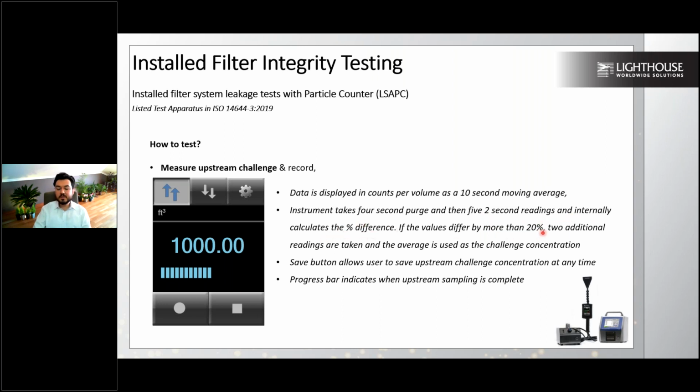And if this difference is more than 20%, then your screen says you have a non-uniform upstream challenge, so you have to make it uniform before you start. Then the progress is shown through this bar, and it indicates whether your upstream sampling is completed or not.